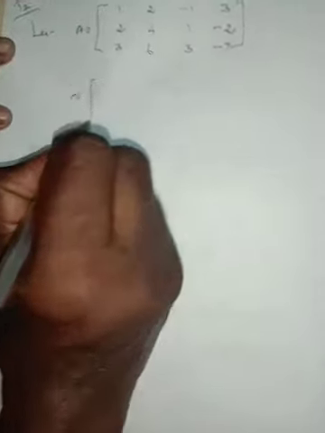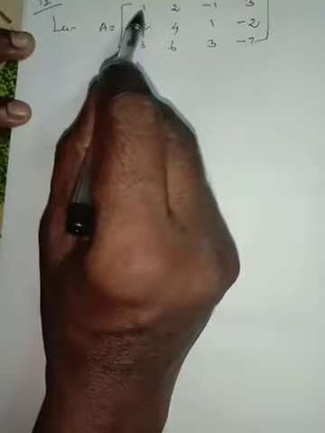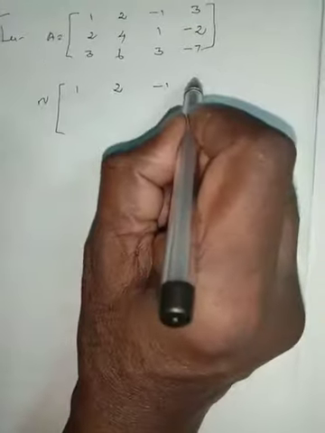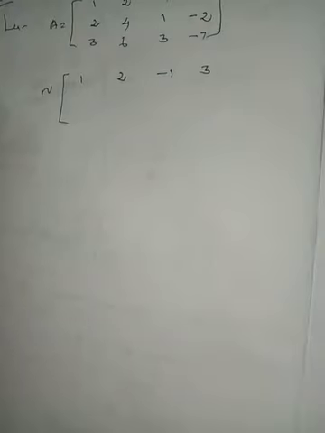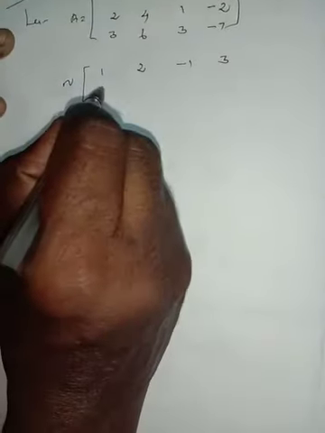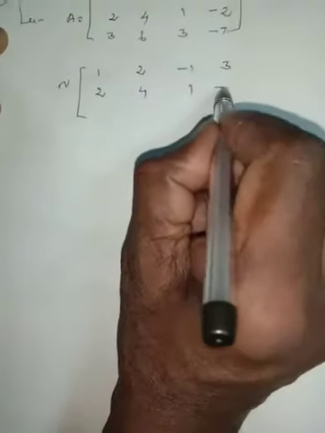Using the echelon form, the first index will be 1. In the given problem it is already 1. So, 1, 2, minus 1, 3. Next, 2, 4, 1, minus 2.